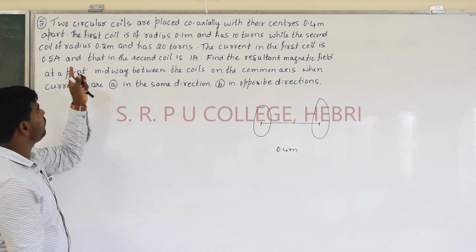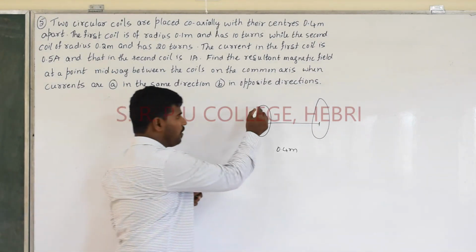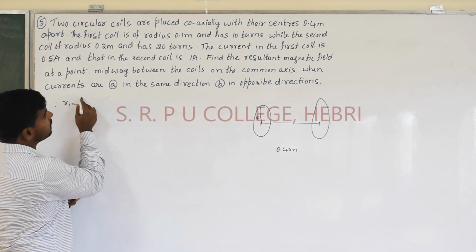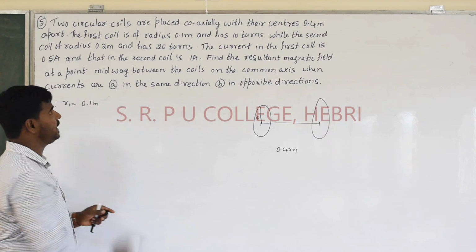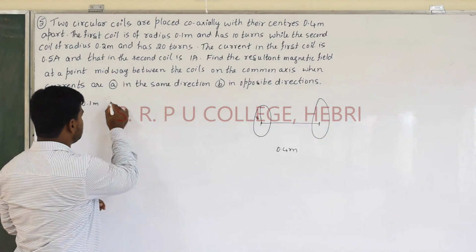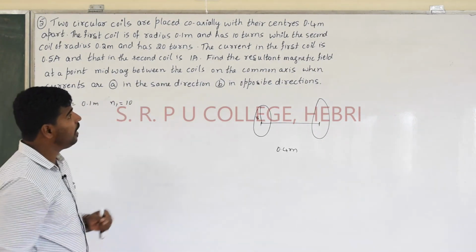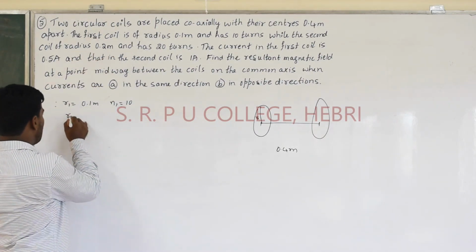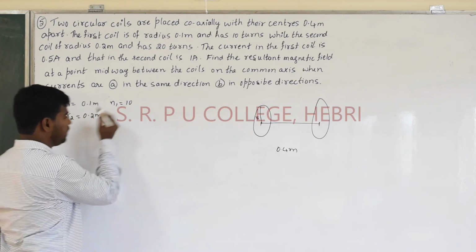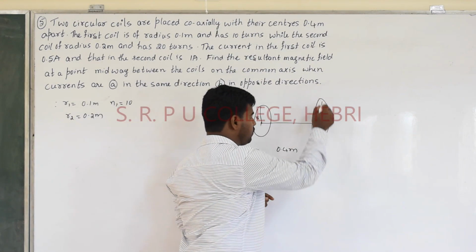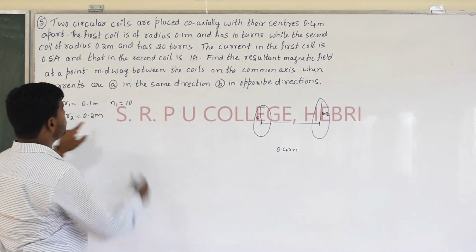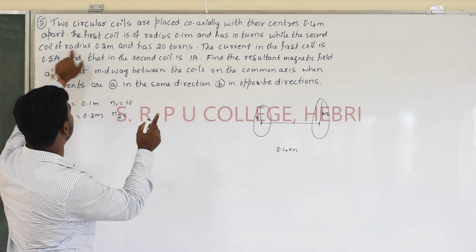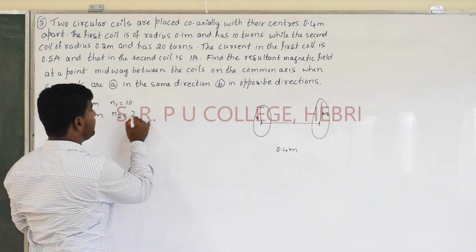The first coil has radius R1 equal to 0.1 meter and has 10 turns, N1 equal to 10, while the second coil has radius 0.2 meter, which means R2 is equal to 0.2 meter, and has N2 equal to 20 turns.